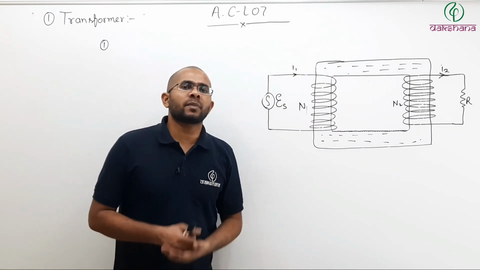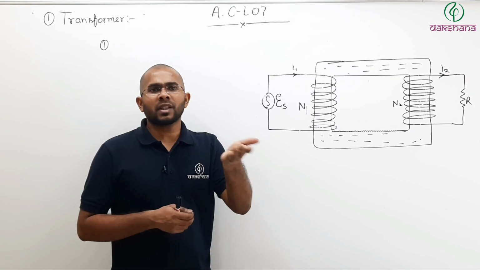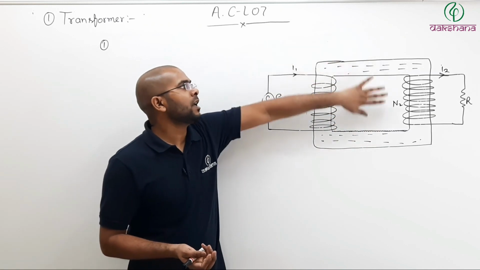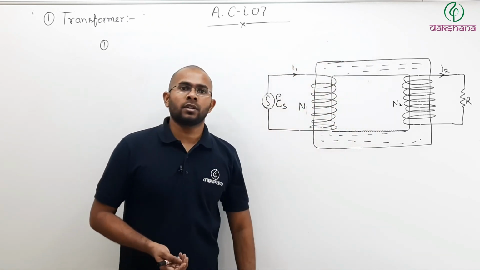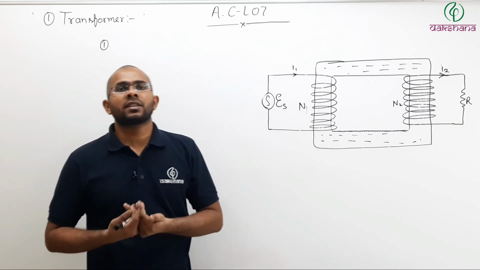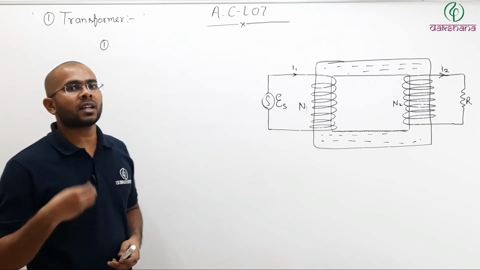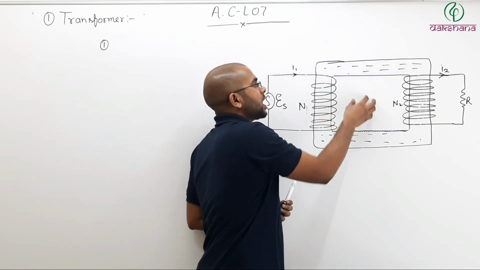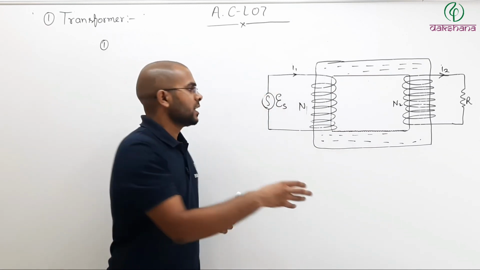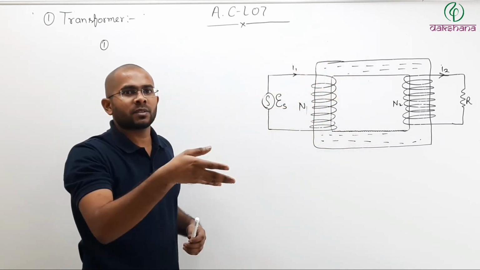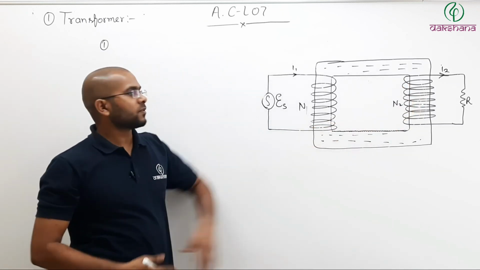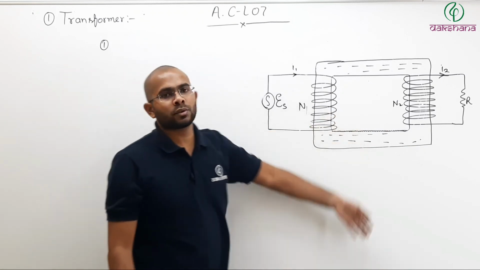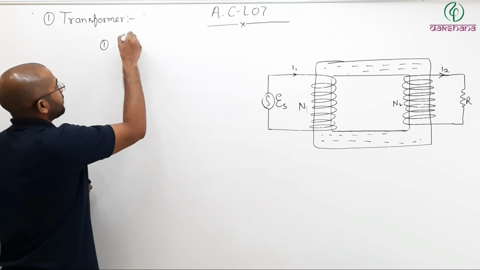So it is possible that some amount of magnetic field is produced outside the transformer as well. And what actually is magnetic field? Magnetic field is nothing but a form of energy. So energy is getting lost in the form of magnetic field produced outside the core. So in this way, some amount of energy is lost. That is called flux leakage. Why is it called flux leakage? Because some field is produced outside the core, not inside. The field produced inside is used here, but if it is produced outside, then it is lost. There is no use of that. So the first is called flux leakage.